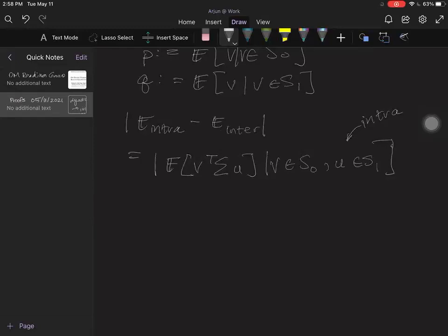And then we now have to consider the expectation. We subtract V transpose sigma U, given that V is in S0 and U is in S0, or V is in S1 and U is in S1.